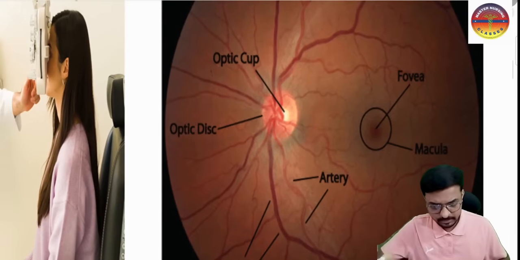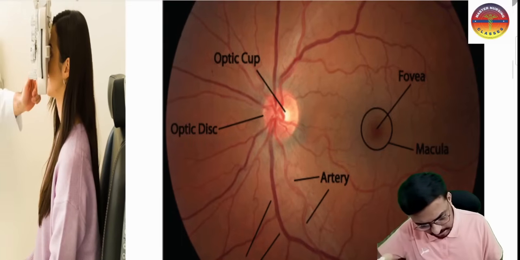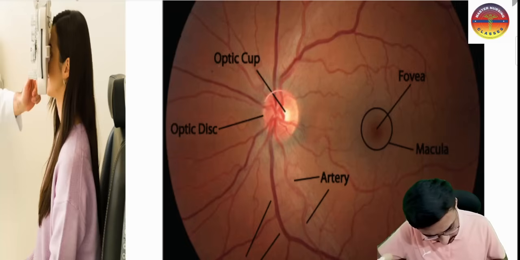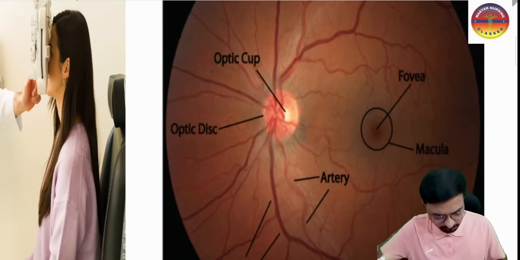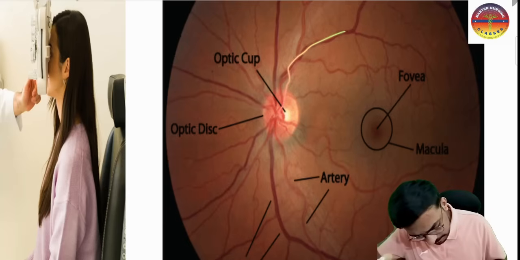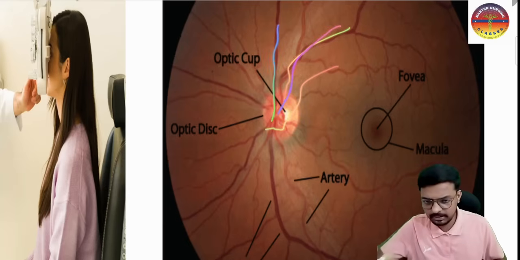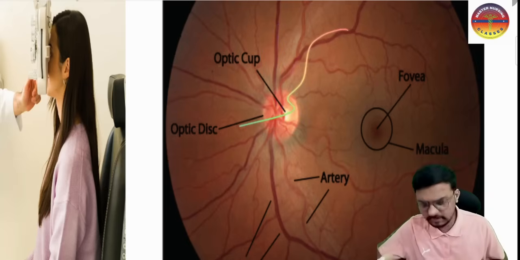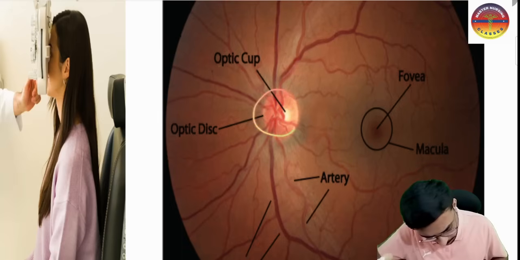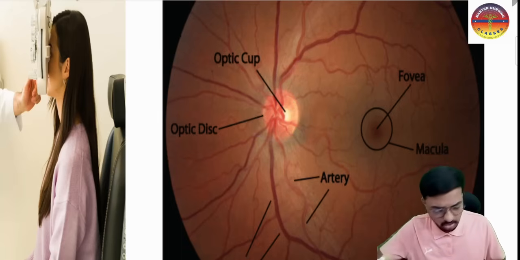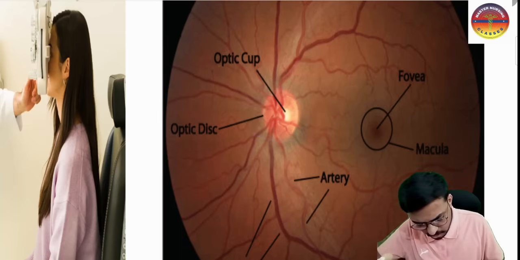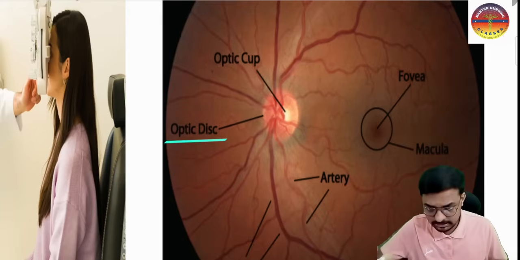Behind me, this is the retina, and here we have the optic disc, from where all the retinal blood vessels enter: the artery will enter and the vein will exit from here, and the nerve will also exit from here. We also call this the blind spot.